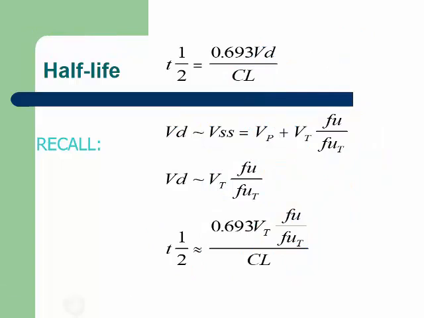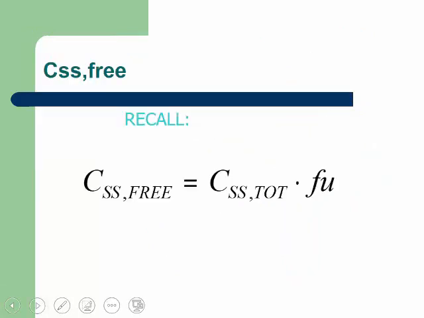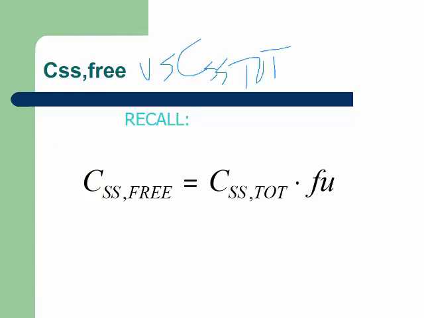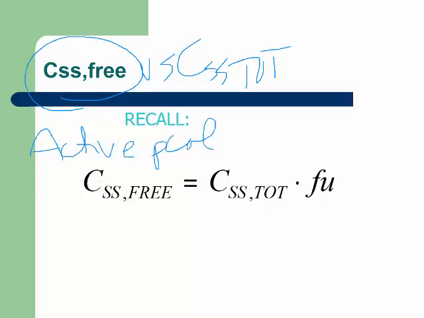All right, another idea that we need to go over quickly before we can do our predictions is CSS free versus CSS total. Recall that in order for a drug to be active at the pharmacologic site, it cannot be bound to a protein. It must be free. If it's bound to a protein, it cannot interact with the pharmacologic binding site.